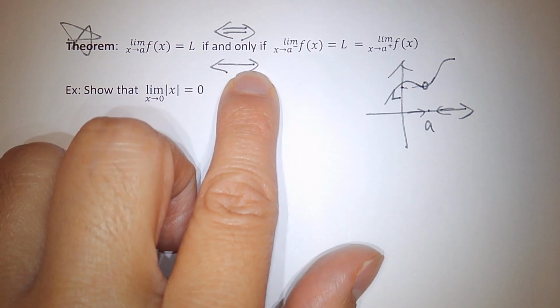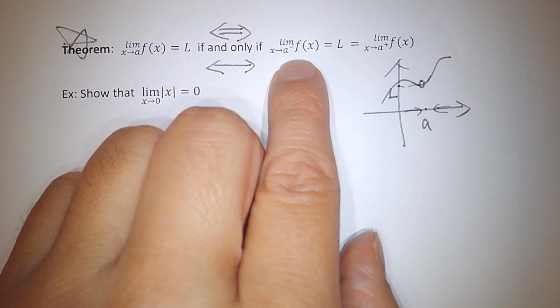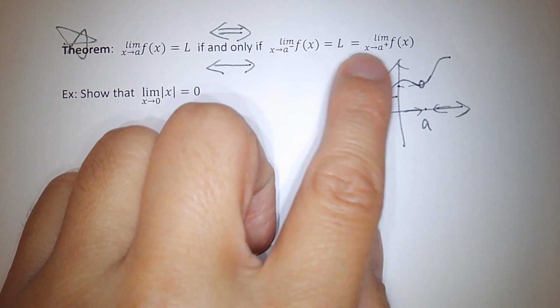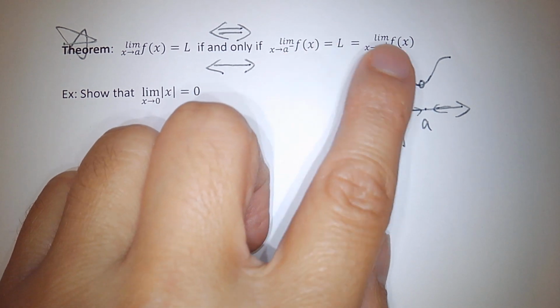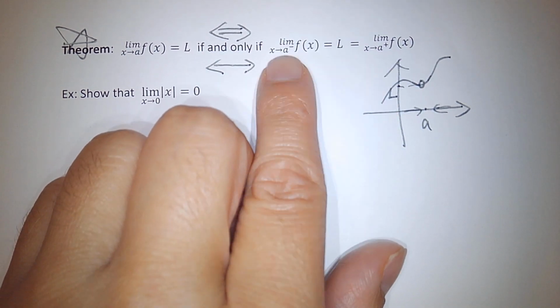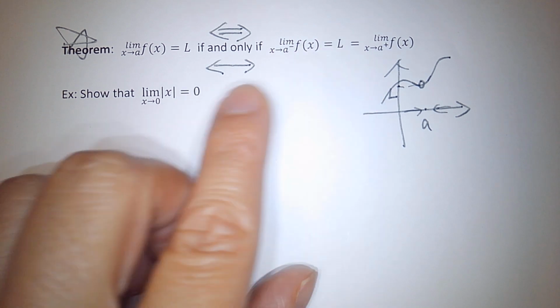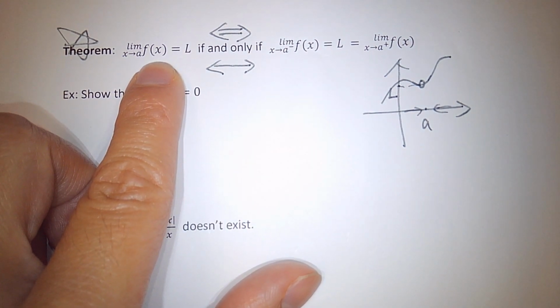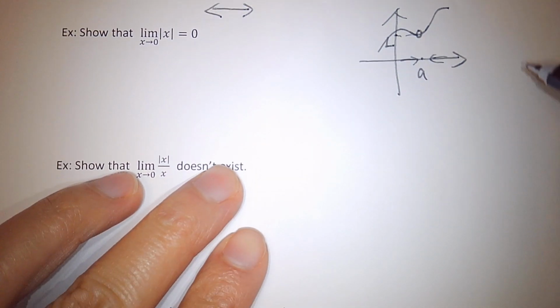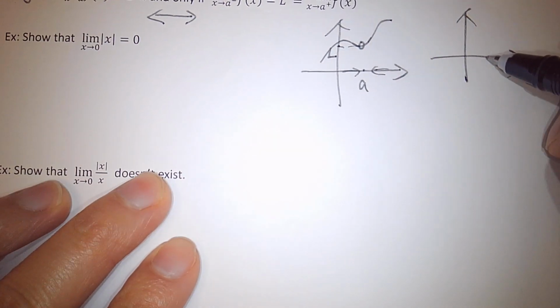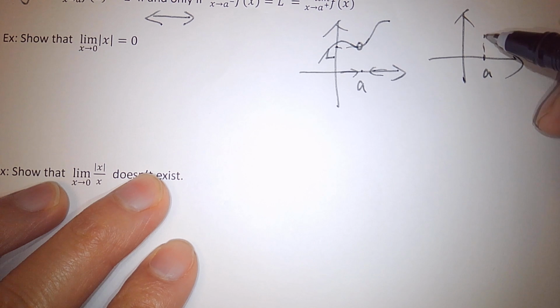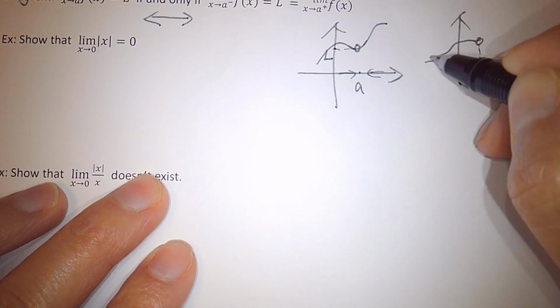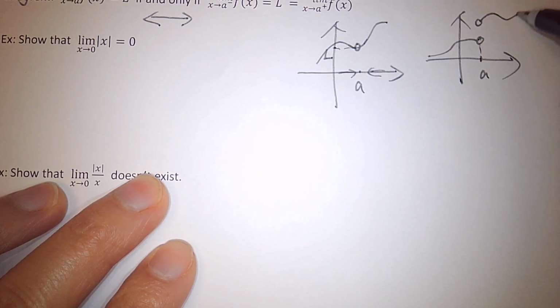Now, a question for you. What if the two one-sided limits both exist, but they do not equal each other? Can we say this limit exists? No. If I draw a picture, say this is the left-hand limit and the other is the right-hand limit.